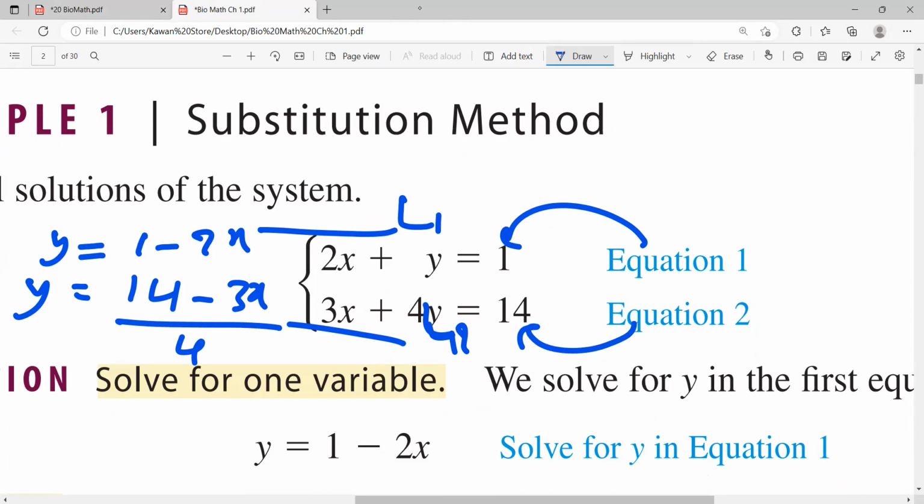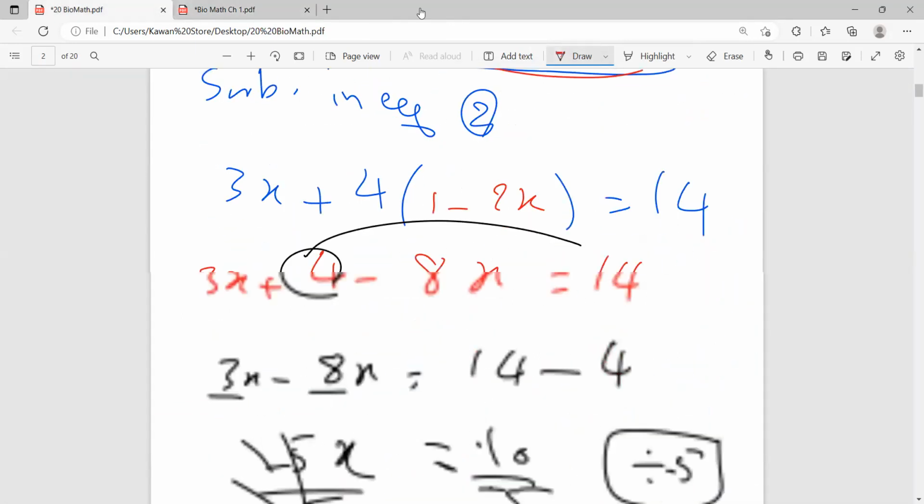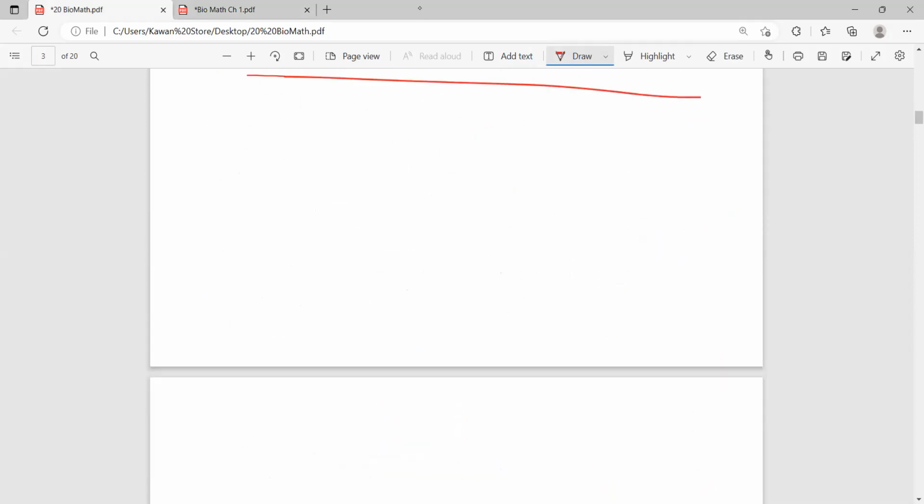Clear, dears? Good. Why did I change that to y? To give you the sketch, because in your mind, if I have y equal to x, the graph is like what? Horizontal, like that?